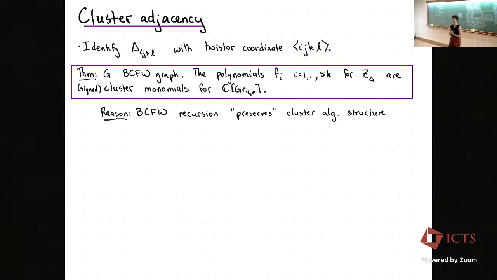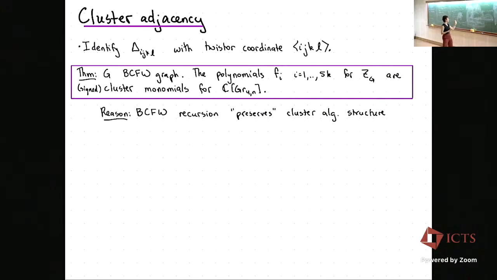Then how does that help you to find these polynomials? Yeah, what we're really interested in is that these things won't be irreducible. Usually you can factor them. And what this is saying is that when you factor them, the factors that you get will be just cluster variables, and they'll sit together in the same cluster.